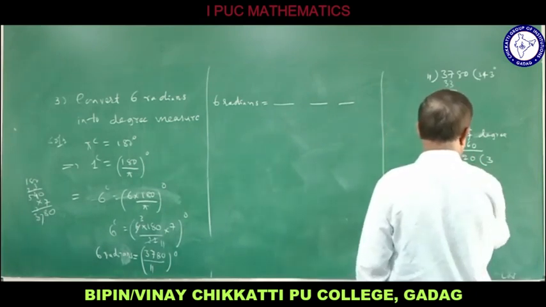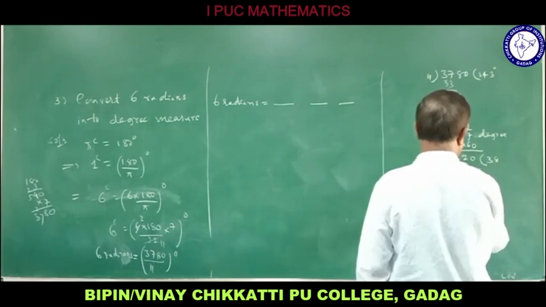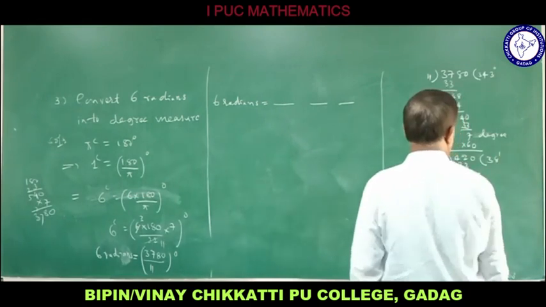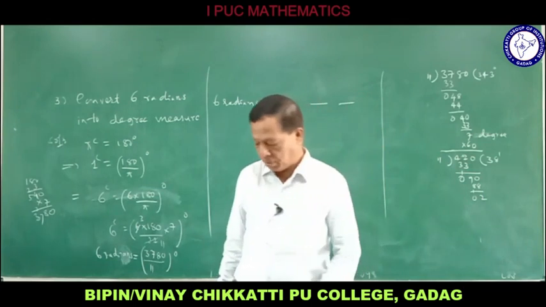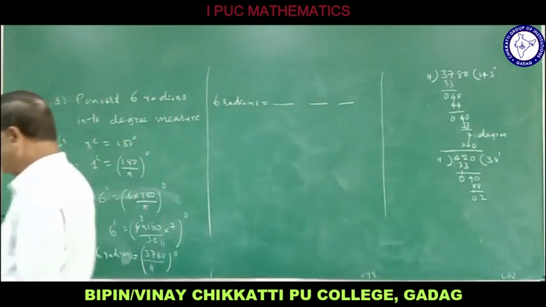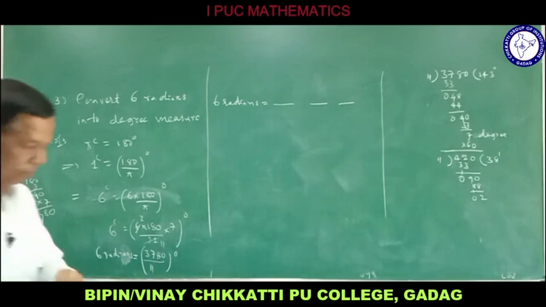Next you bring this 0, 11 are 99, 8, it means 88. So here you see this you will get in terms of minutes you got. How many minutes you got? 38 minutes you got.